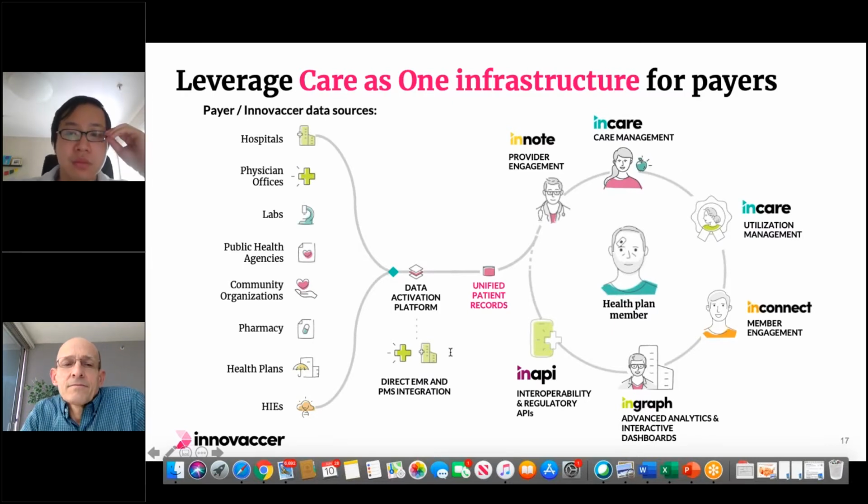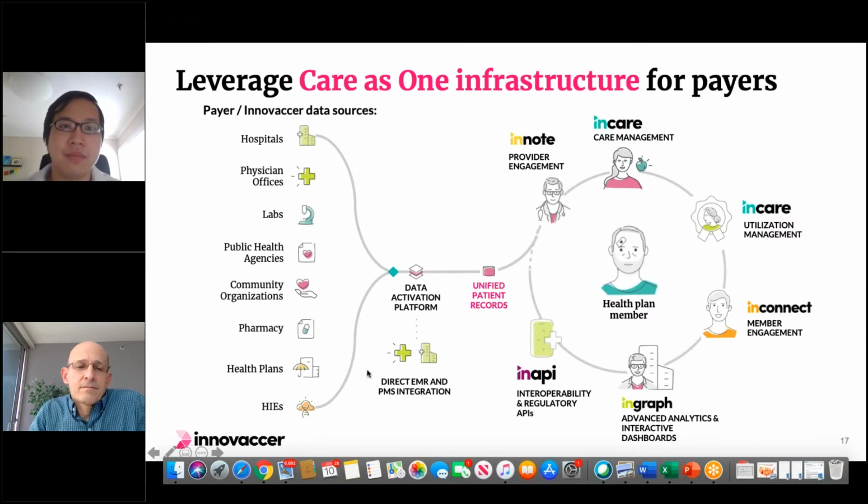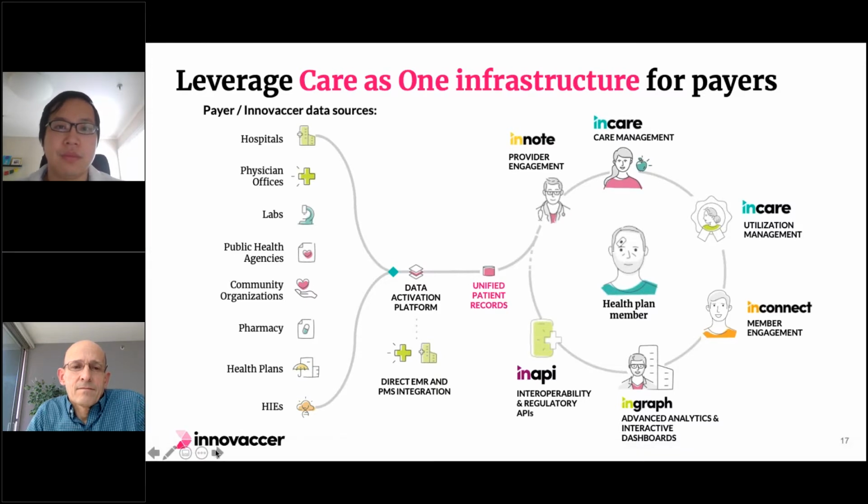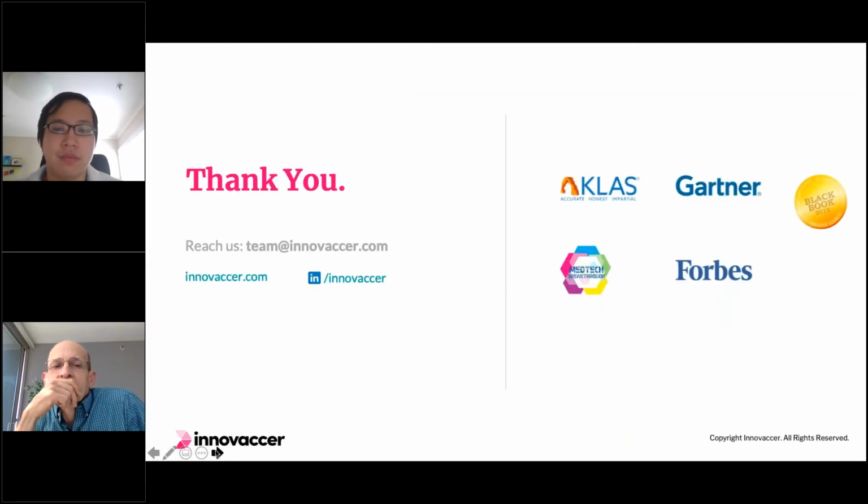And I think time will tell what that looks like. But I don't think, and this would be my opinion, that the data storage and persistence has to be in the FHIR format.